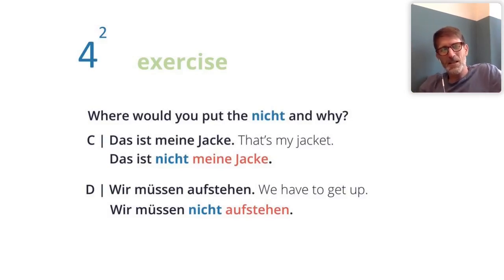So theoretically, the nicht before the pushing was at the very end, and it still kind of is at the very end from its function. So it is negating the aufstehen, it's negating the verb.